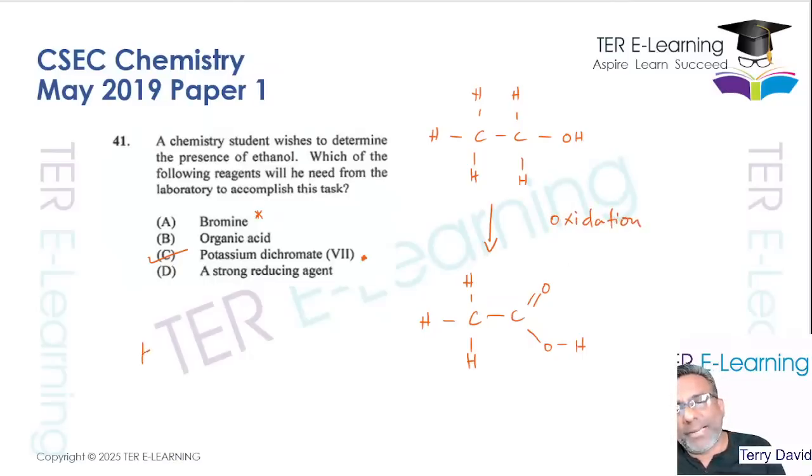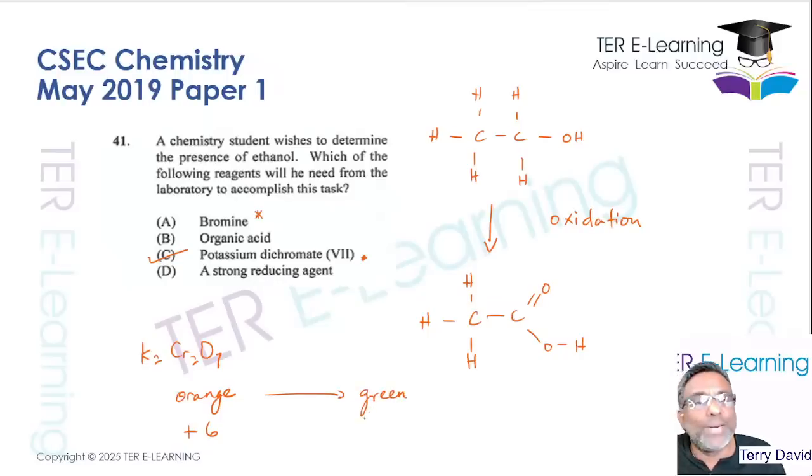So the potassium dichromate is K2Cr2O7, which is initially orange. So it's orange initially. And the oxidation number for the chromium is +6. When it behaves as an oxidizing agent, it turns green. So if you get a color change, you know the alcohol is present. So the alcohol is going to be oxidized.